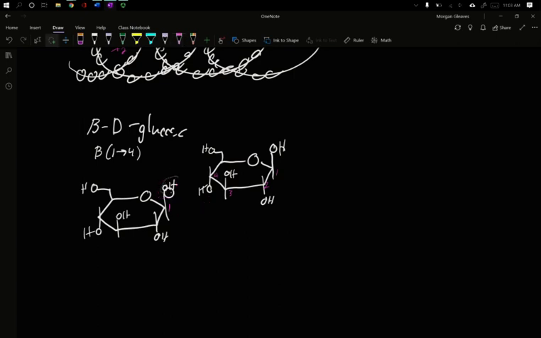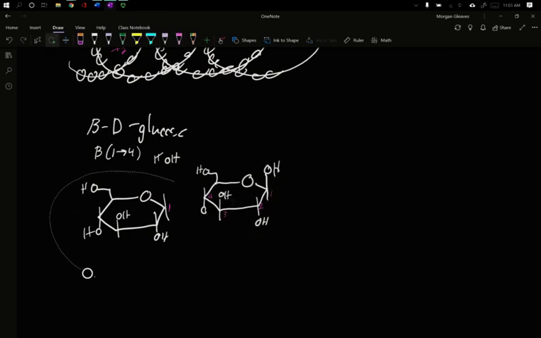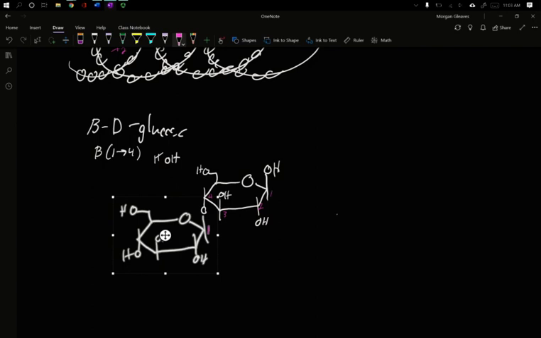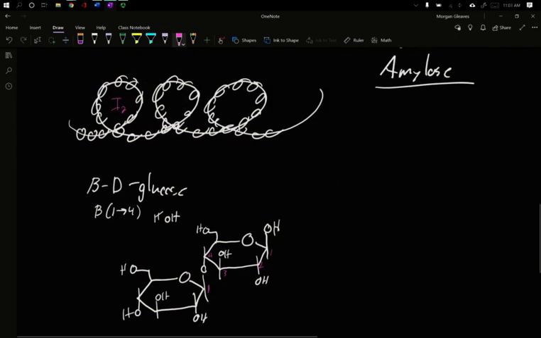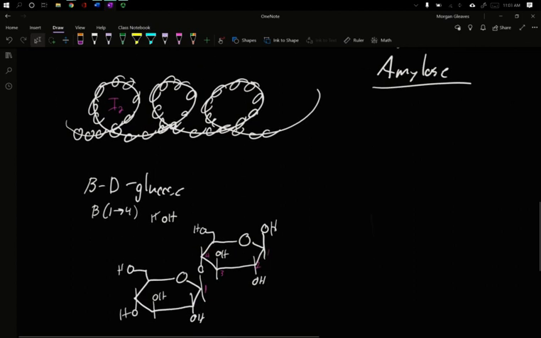The result of that will be the other OH leaves, this hydrogen will go join it, and our sugar, well, we were up at 1, we still have to be up at 1, and we were down at 4, we still have to be down at 4. So they'll connect like this. It's a little more stair step instead of our straight that we saw with the alpha.